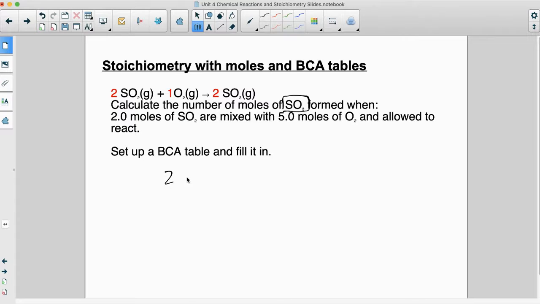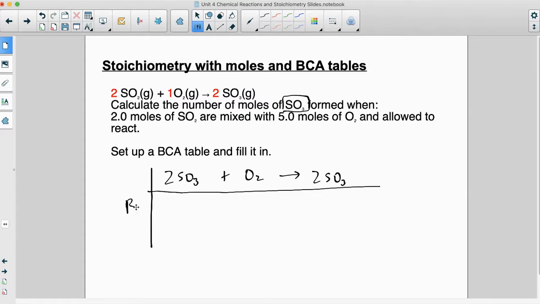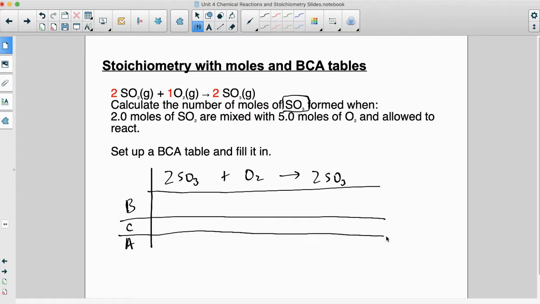Always start off by writing down the balanced reaction. I'm going to write this down, make my table BCA, and put a divider here.